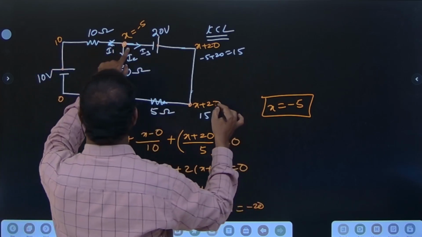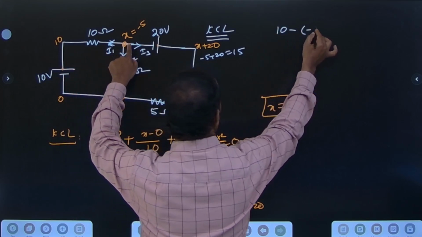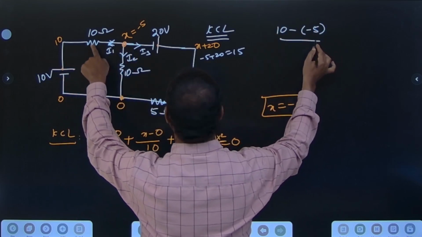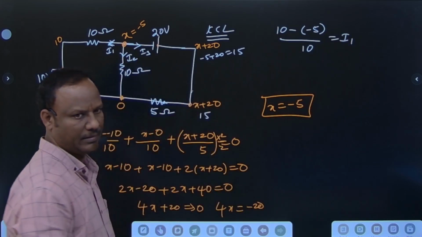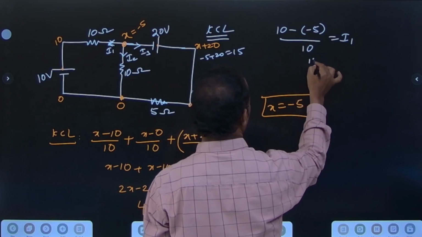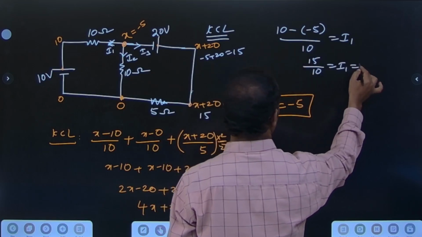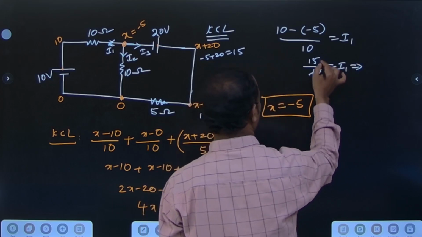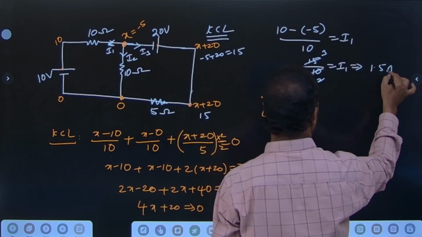The potential difference is 10 minus of minus 5, by 10, is equal to I1. So 10 plus 5, it's 15 by 10 is equal to I1. I1 is equal to 1.5 ampere.